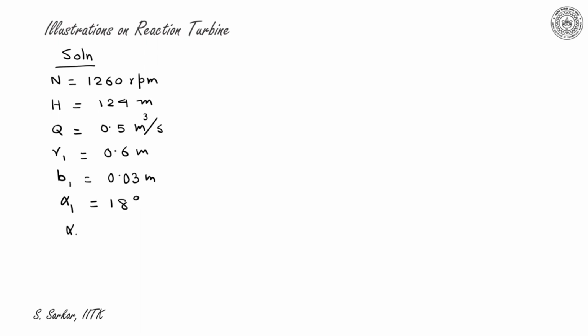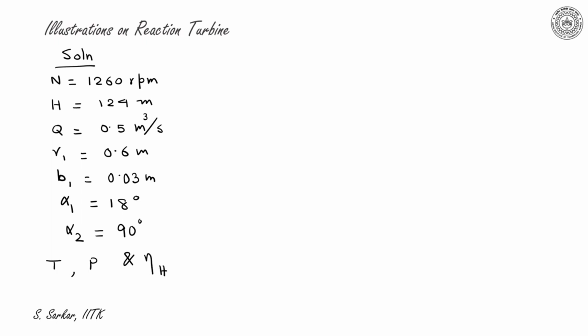Alpha 2, there is no swirling component at exit, so alpha 2 would be equal to 90 degree. These are the quantities given for a Francis impeller. We'll have to evaluate torque, power developed, and hydraulic efficiency eta H.